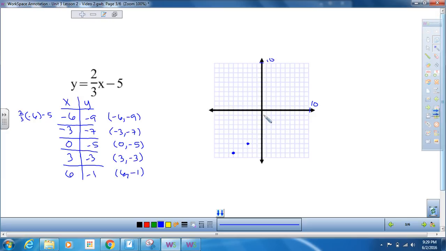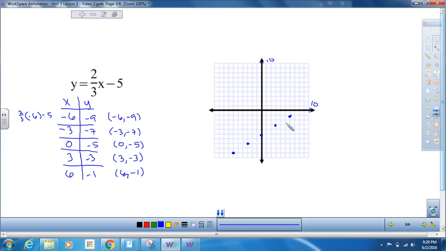Zero, negative 5. 3, negative 3. And 6, negative 1.